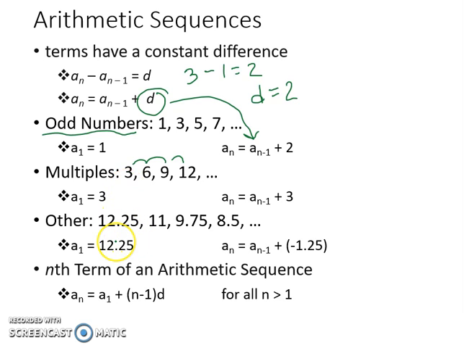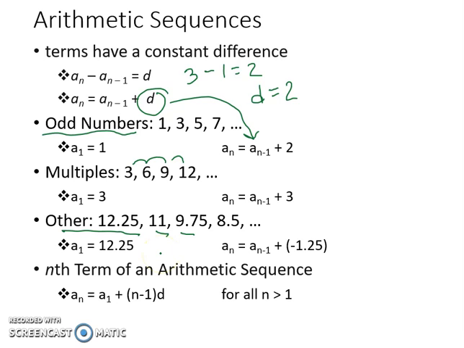Other times we don't have to have whole numbers, and they don't have to be positive. So we don't always have to increase, we can also decrease. For this one, we start at 12 1/4, we go down to 11, then down to 9.75.